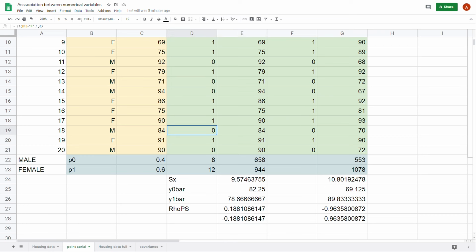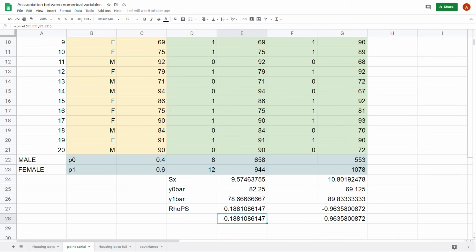See, this 0 and 1, I could have changed female to be 0 and male to be 1, then I would have got a different sign. That is what I have computed here. Since there is no order, there is no hard and fast rule that female should be 1 and male should be 0.